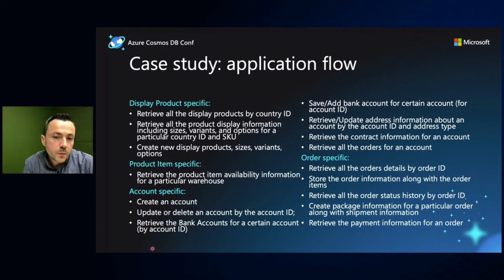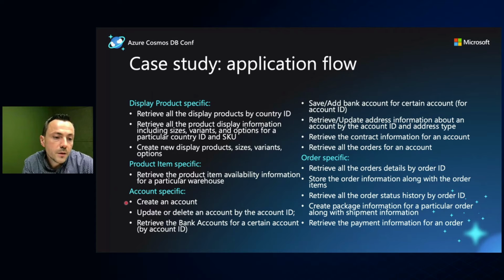So here, I don't want to go through each particular query in our case study, but just to give you a couple of examples, you can see queries structured in different categories: display, product specific, product item specific, account specific, and order specific.